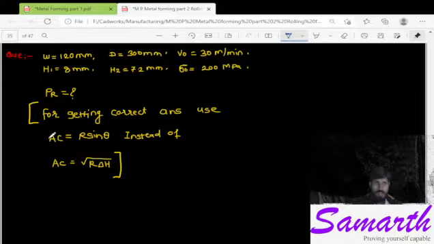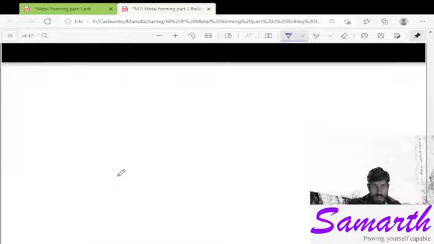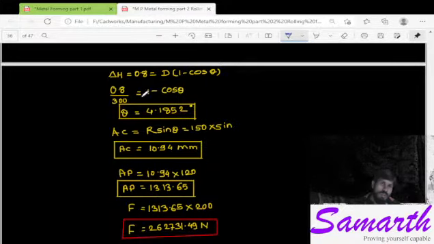I have already told you, for getting the correct answer, use AC is equal to R sin theta instead of AC is equal to under root R delta H. So delta H we have got. Similarly, as in the last numerical, the same procedure is here. After we got theta and the AC, we find out the projected area by multiplying AC with the width.